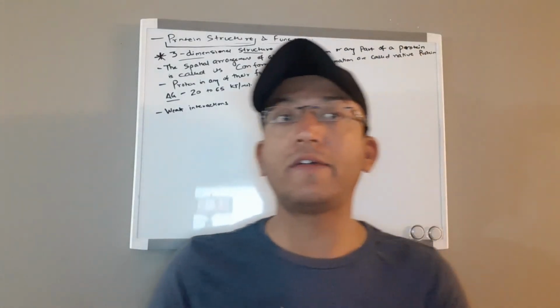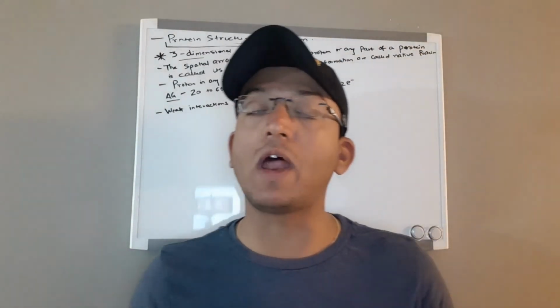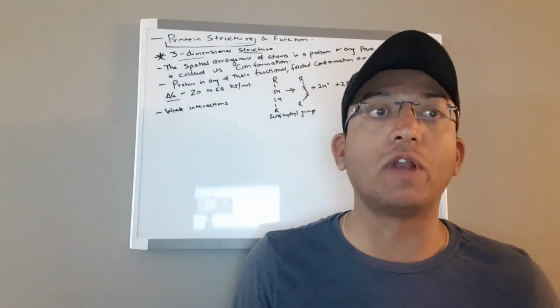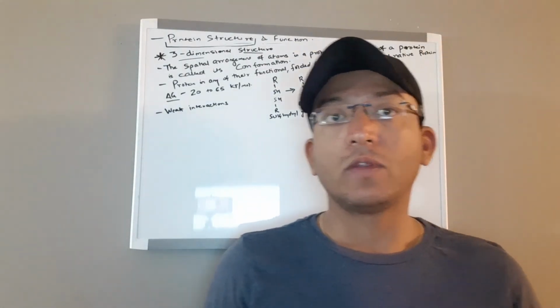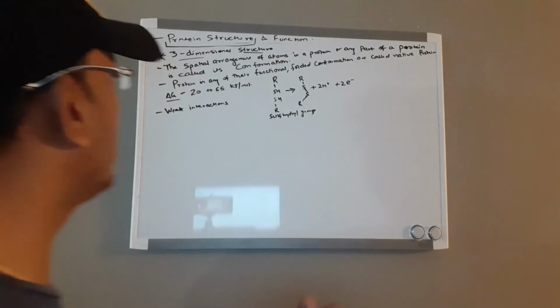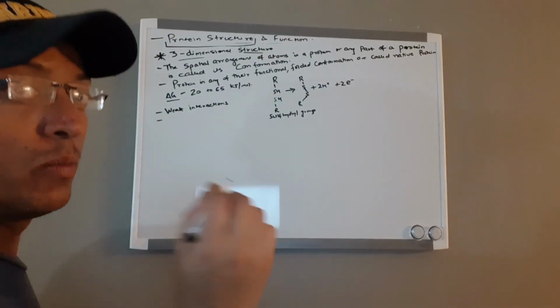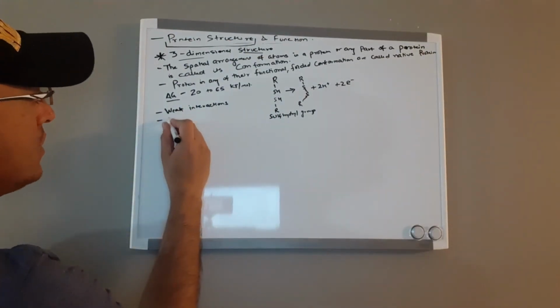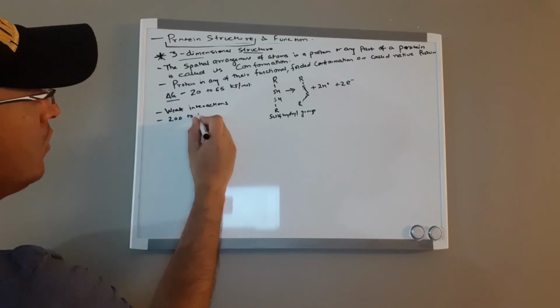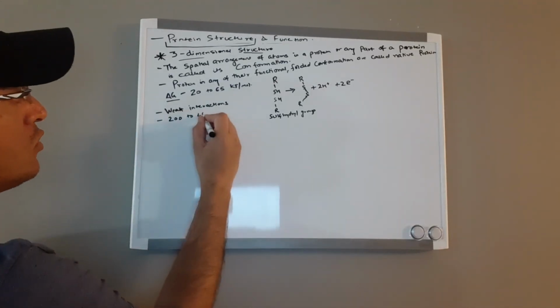About 200 to 460 kilojoules per mole are required to break a single covalent bond, right? So the energy to break a covalent bond is 200 to 460 kilojoules per mole.